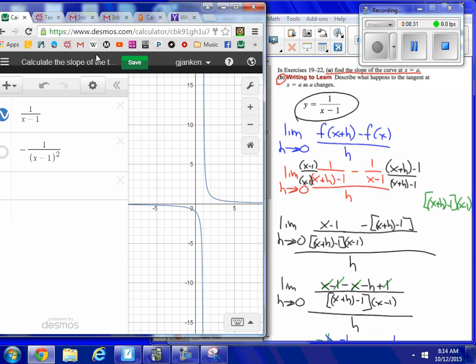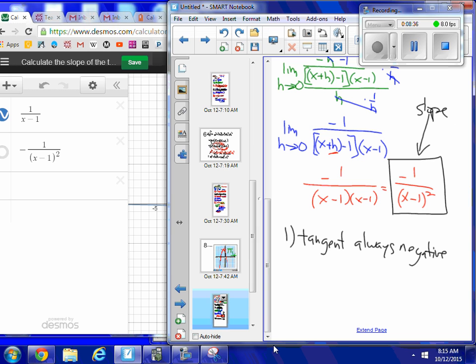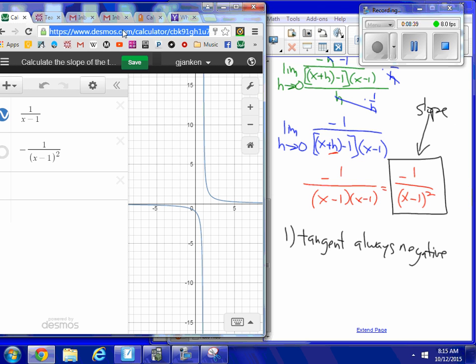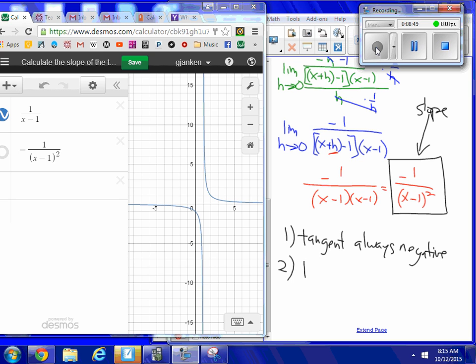Since I know that the slope is always negative, I might just write: the slope approaches negative infinity as x approaches +1.